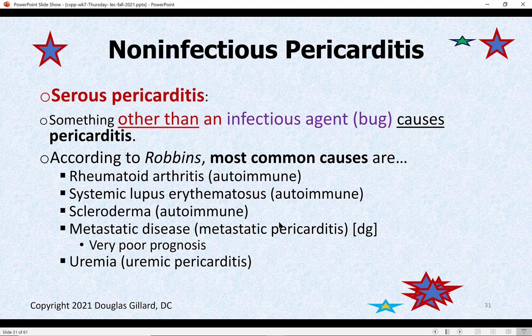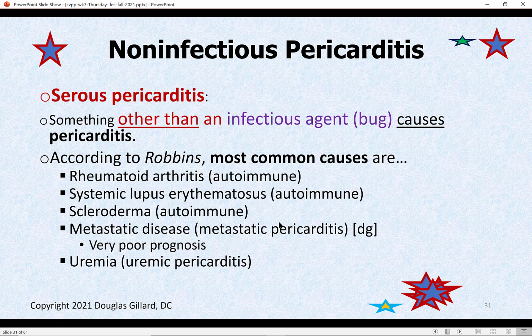For whatever reason, it gets the lining of the pericardium. It gets that pericardial cavity, those serous cells. It gets them confused with their original target, like joint cartilage tissue. For whatever reason, it gets confused. And so rheumatoid arthritis attacks the pericardial cavity.